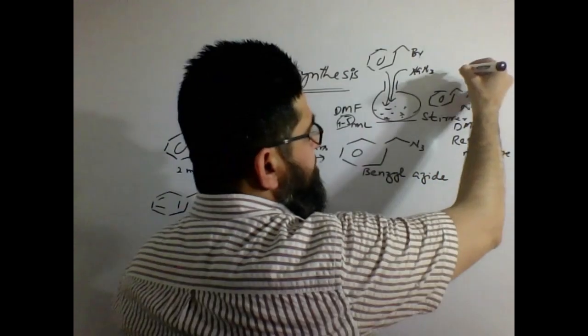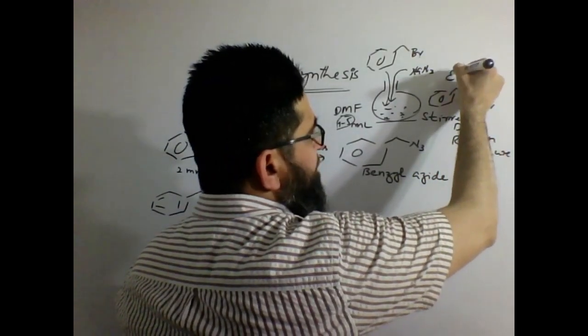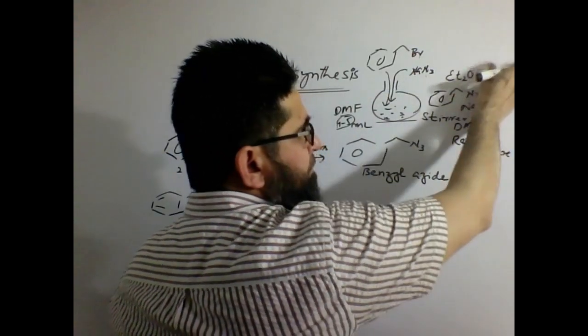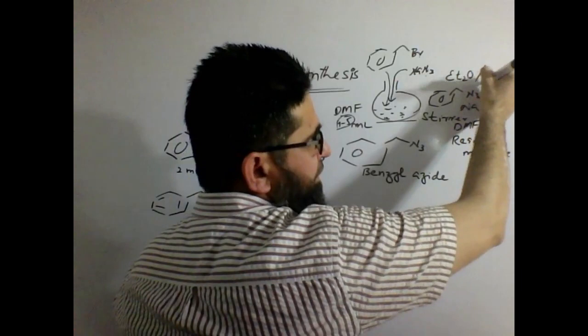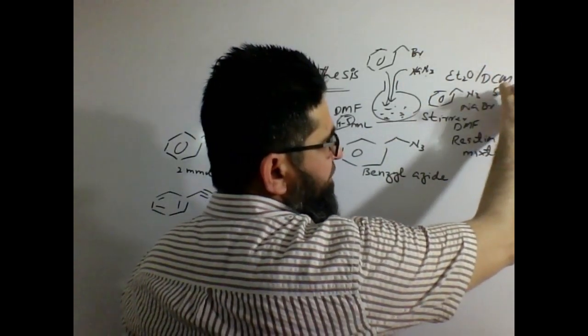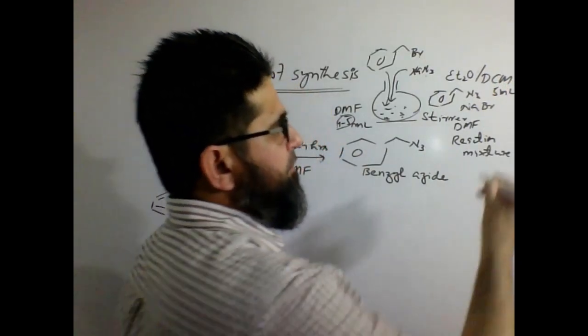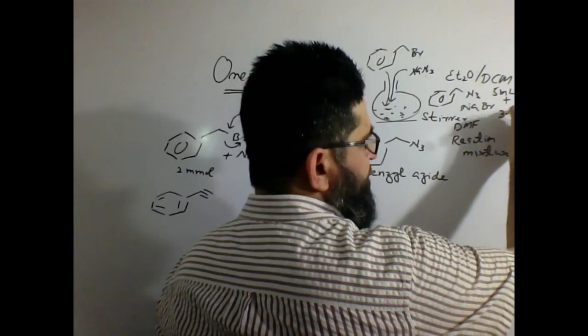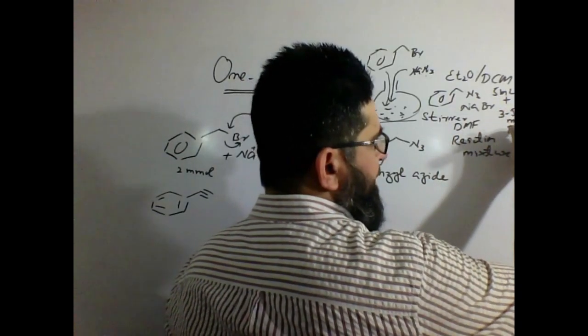Let's say we can put diethyl ether, or we can use dichloromethane, like 5 mL. Then we add a bit of, let's say, 3 to 5 mL of brine.